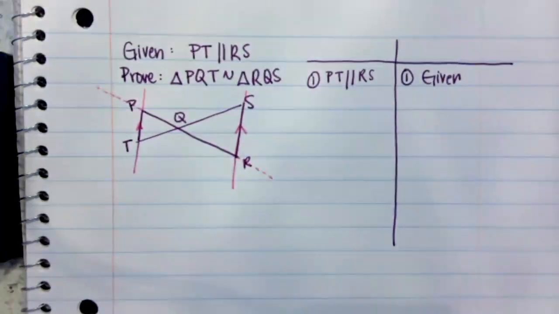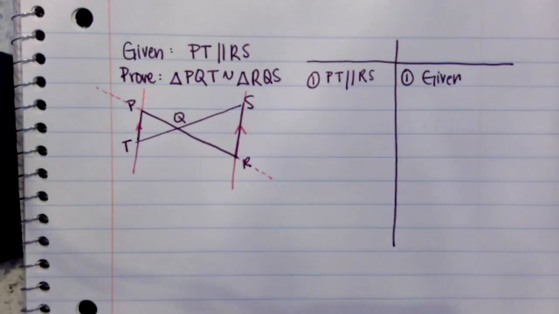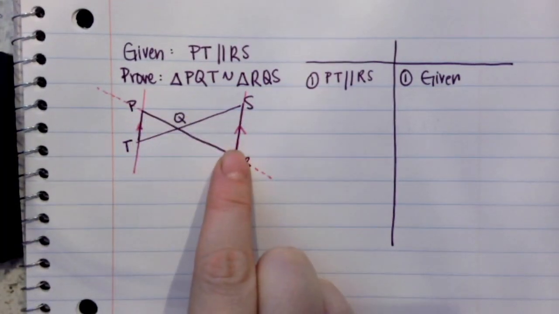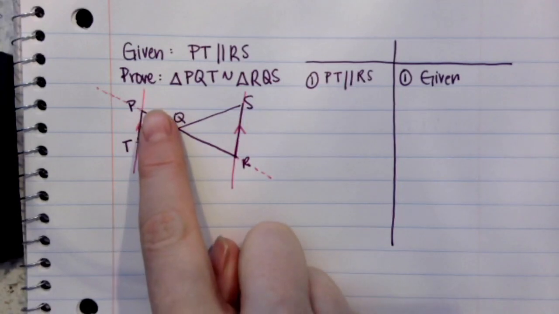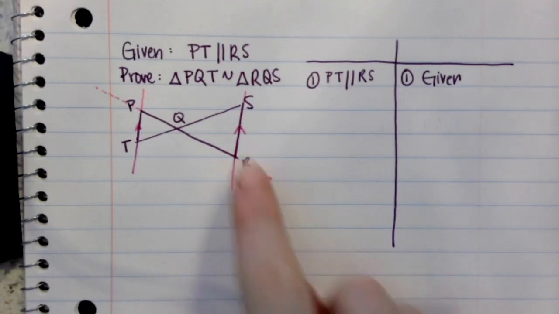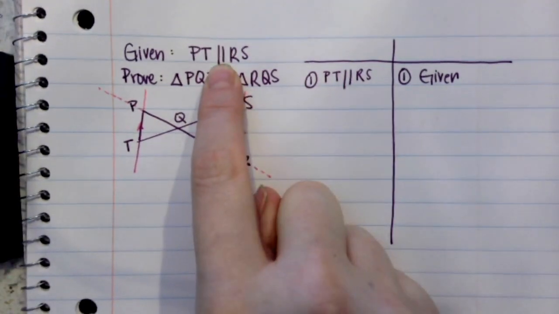I like to do it with a dotted line. And now you can see we can look at alternate interior angles and we can look at alternate exterior angles or corresponding angles. All of those are fair game when we're trying to find congruent angles. So you're going to use a lot of those types of things when you are given something that's parallel.